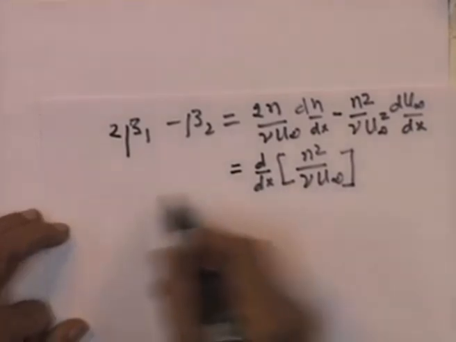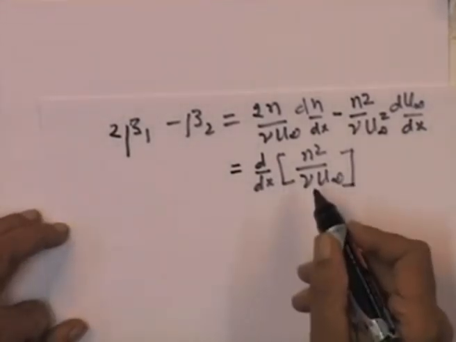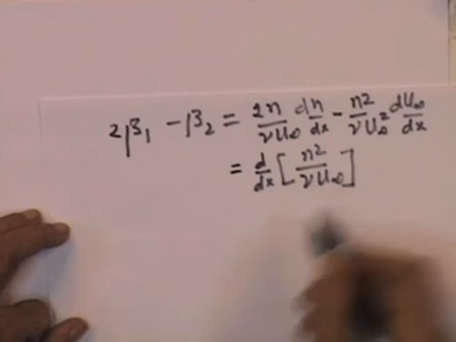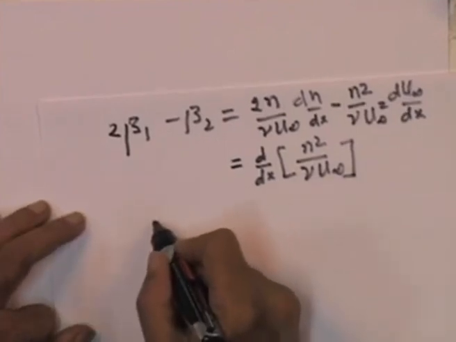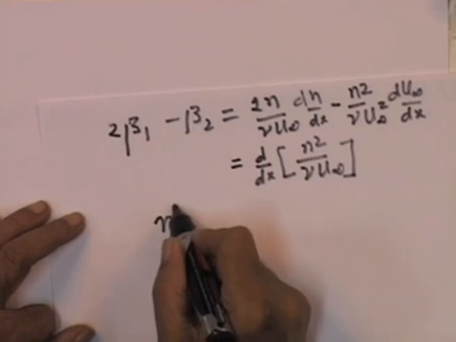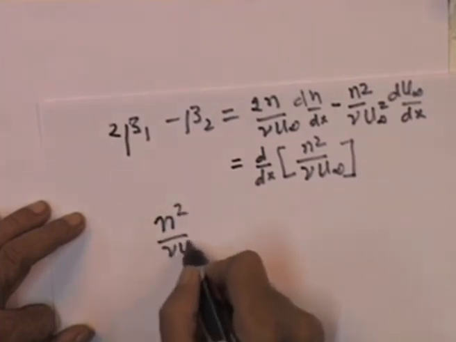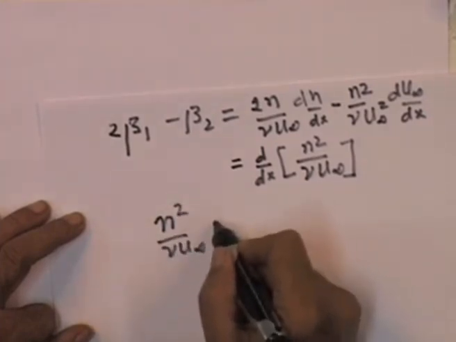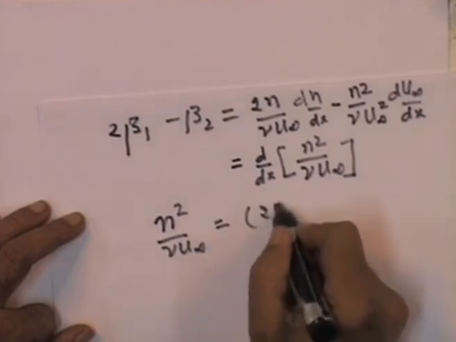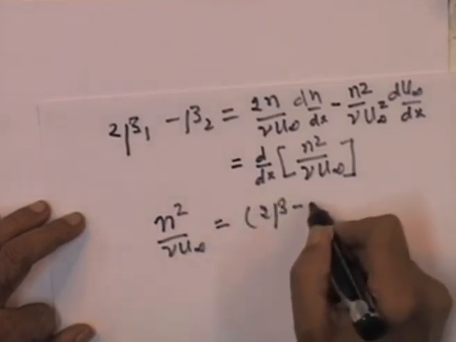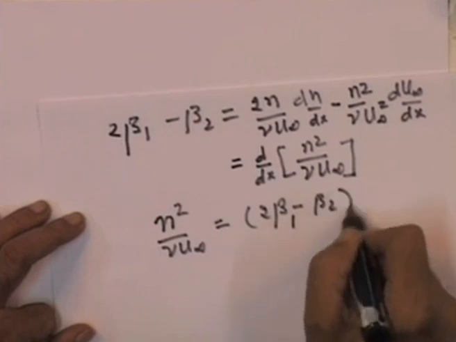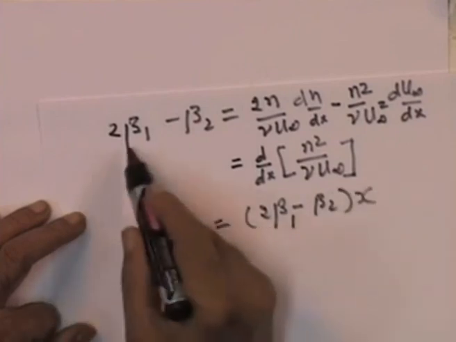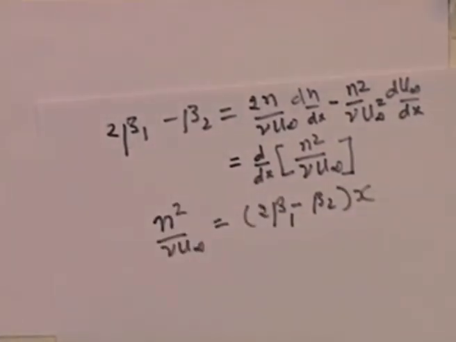And if I were to integrate this equation from x equal to 0 to x, then I will get n squared by nu u infinity equal to 2 beta 1 minus beta 2 times x, because beta 1 and beta 2 are now taken as constants with respect to x.